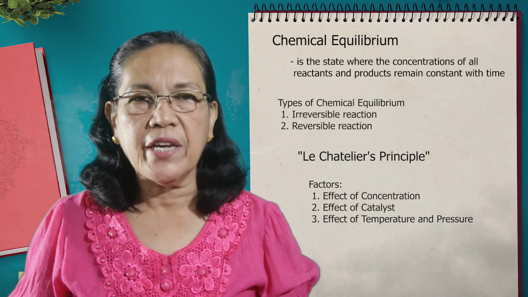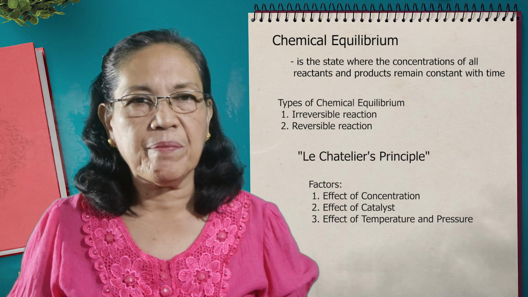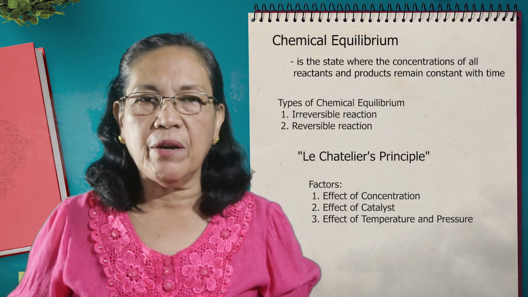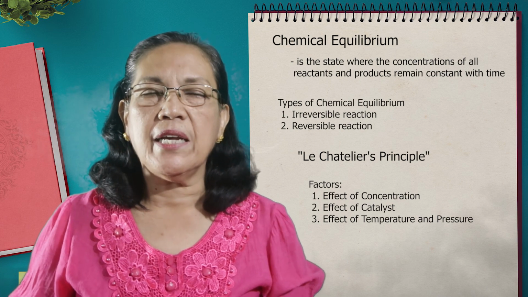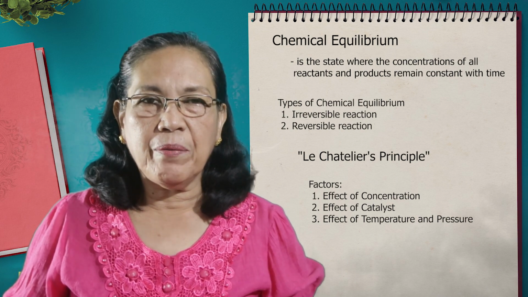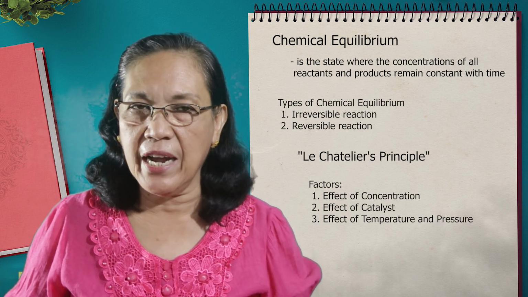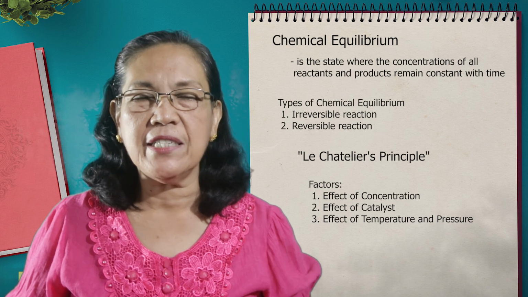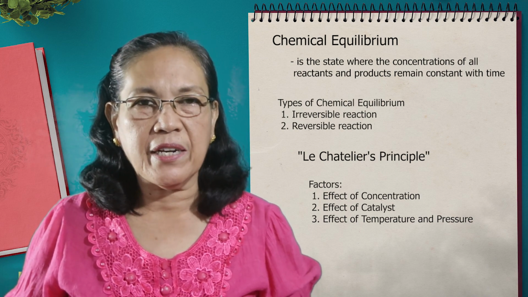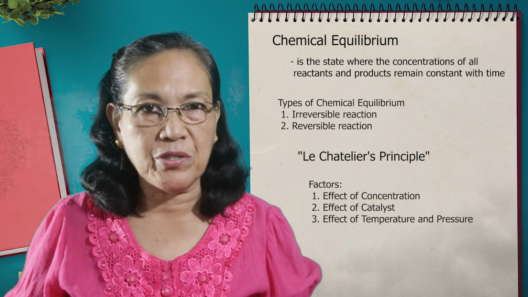If you get the number of moles of the reactants, we have a total of 5 moles. And if you get the number of moles of the products, it is only 4 moles. So it is said that the side, whether reactant or product, that has the most number of moles present is sensitive to pressure.